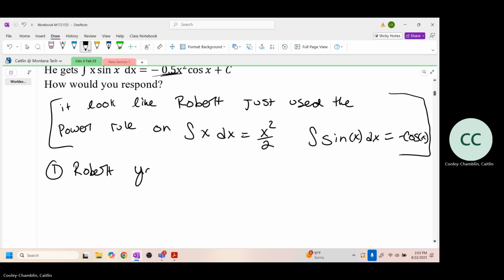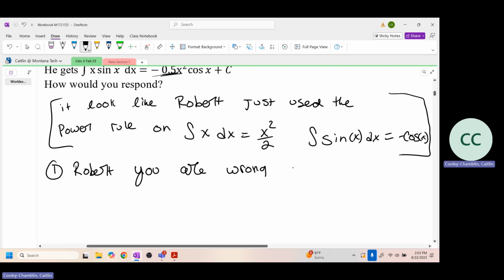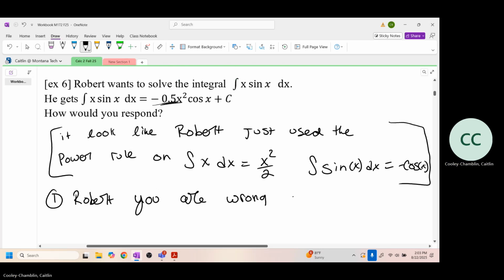Robert, you're wrong. You can even take the derivative of his work, because this should, if you take the derivative, be this.